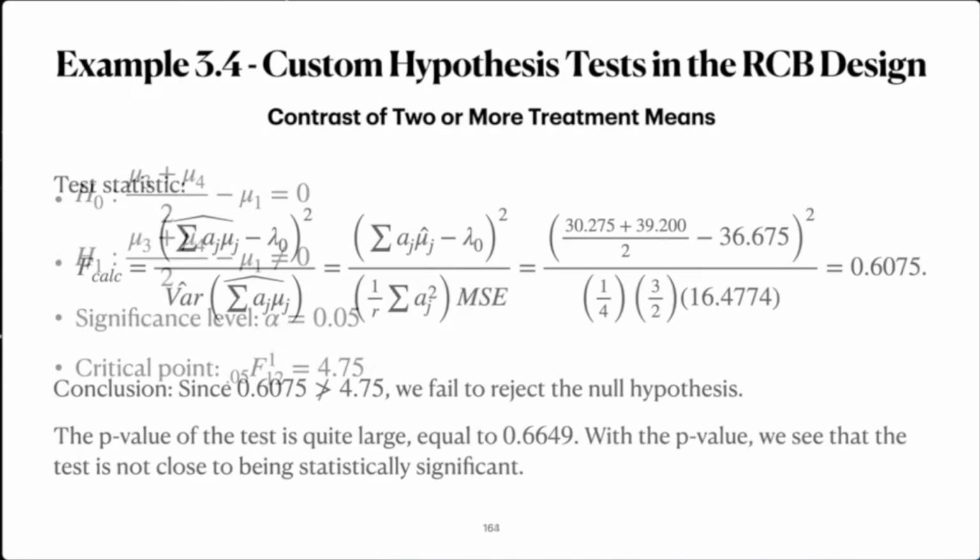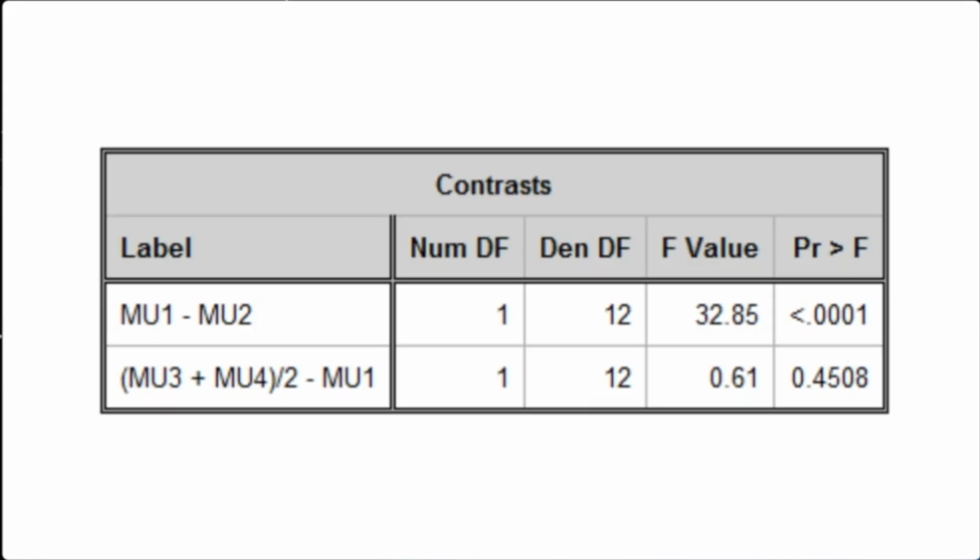Okay, continuing on. The hypothesis test where we're comparing the arithmetic average of treatment means 3 and 4 with the mean of treatment 1, that F statistic rounded to 2 decimal places is 0.61. And we see here that we get the same p-value that we got when we did it by hand.